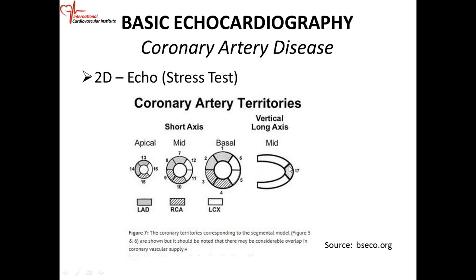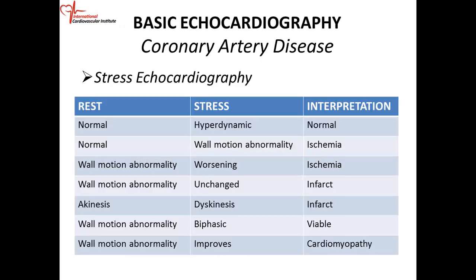When we talk about wall motion score and wall motion score index, we talk about the apical cap. But you need to know this, and then if you do your apical views, you need to know the segments there and the coronary artery distribution as well.